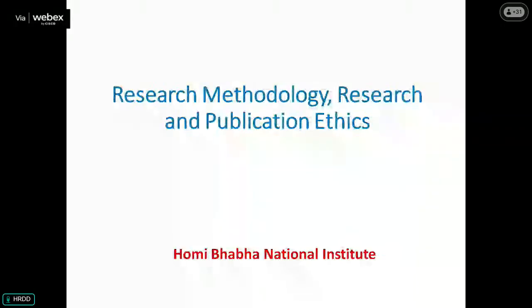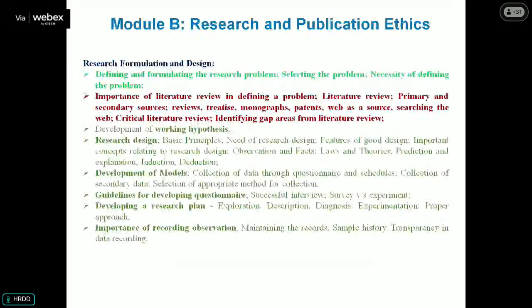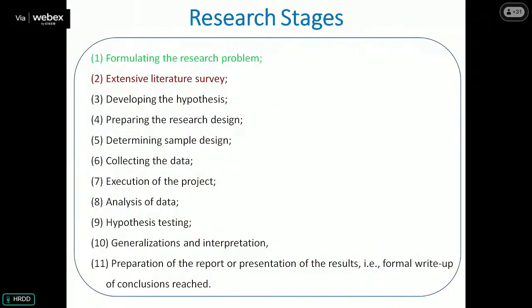So after you have defined the problem, actually during the definition of the problem only, we have completed this green part, meaning defining and formulating the research problem, and then we'll go into this. Okay, literature survey. What is literature survey? So literature survey is the next part of your research stage.